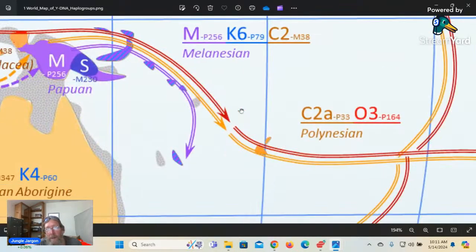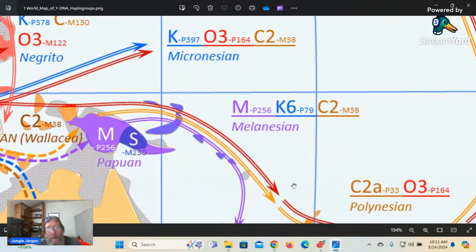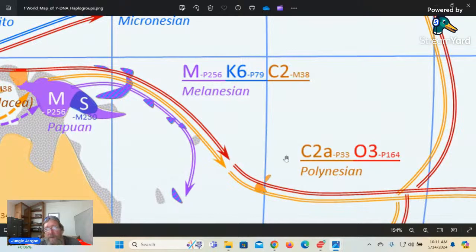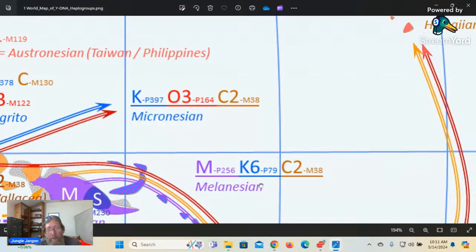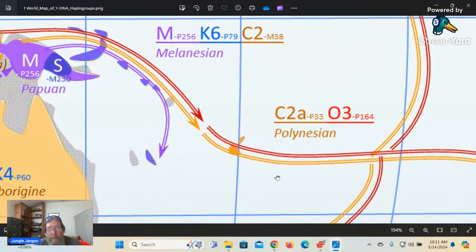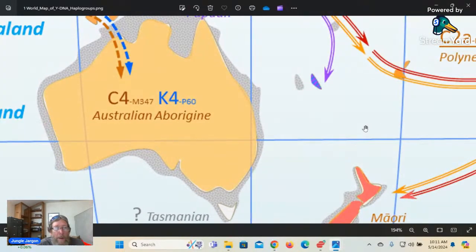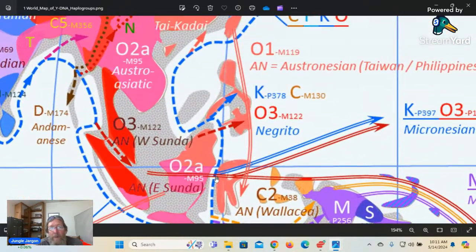So it's really interesting. You have Micronesian is K and O, Melanesian, which is M and K, and you have Polynesian, which is C. And of course, they all have C as well, which is the descendants of Nimrod. And even the Maori, New Zealand. But what are the chances of everything fitting so well?